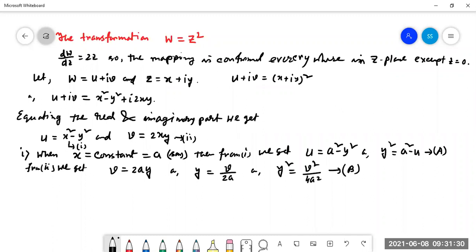So for equations A and B, the left hand side is Y square.